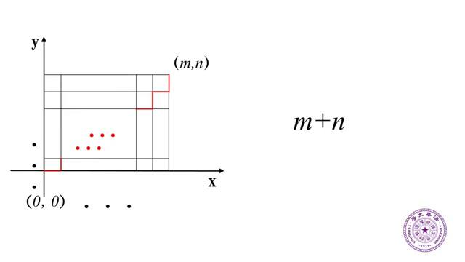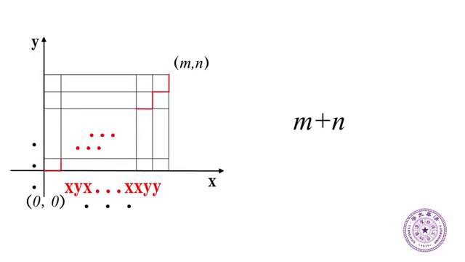How many steps among them are supposed to be horizontal? Where are they? We denote it with a string such that each X represents a horizontal move and each Y represents a vertical move. So the string is in the form of XYXXYY, and its length is M plus N. And it contains M X's.